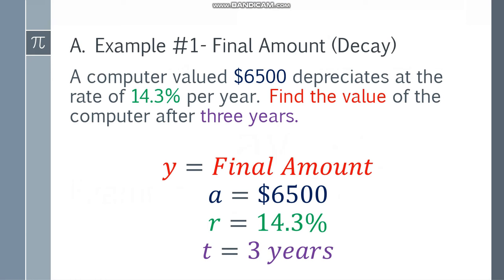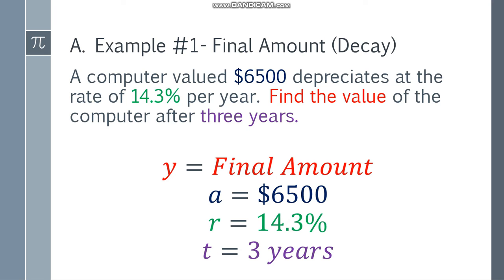So we have y is equal to the final amount because we want to know the value of the computer after it depreciates after 3 years, and A is 6,500, that's the initial amount, R is 14.3%, and T will be 3 years.